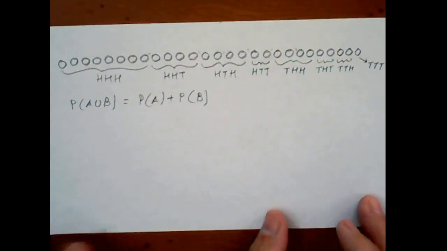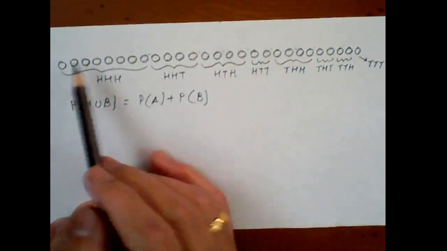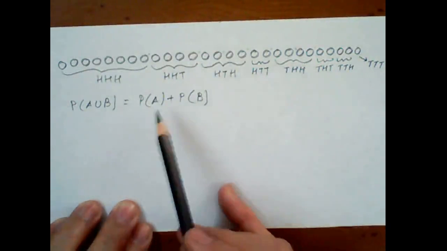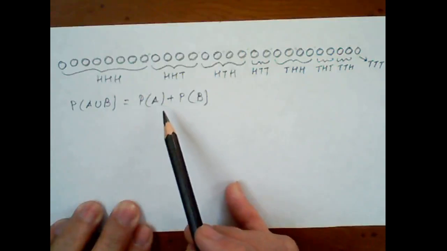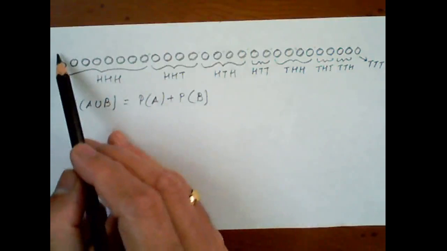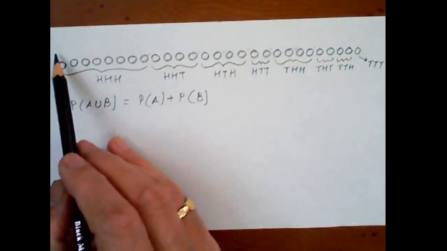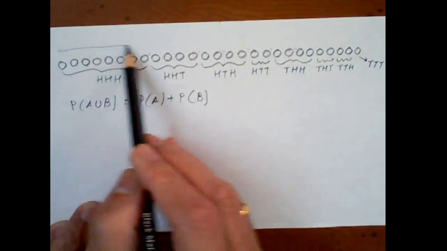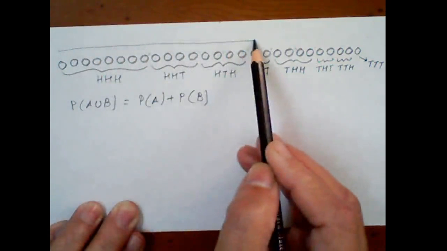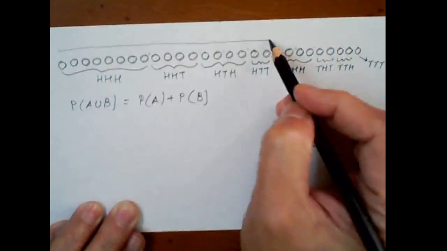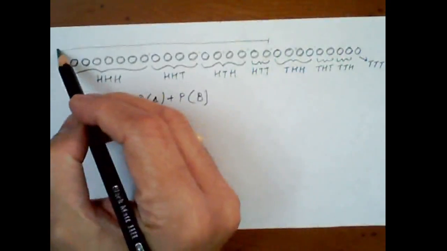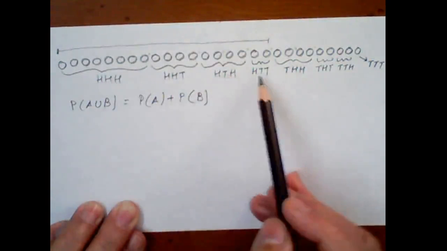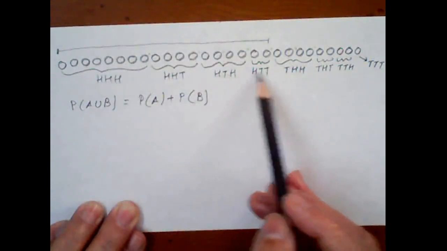Meaning which of these 27 outcomes will qualify for satisfying the criteria laid down in the event A? It will be right from this particular circle right up to this point, because all these have the first toss as heads.